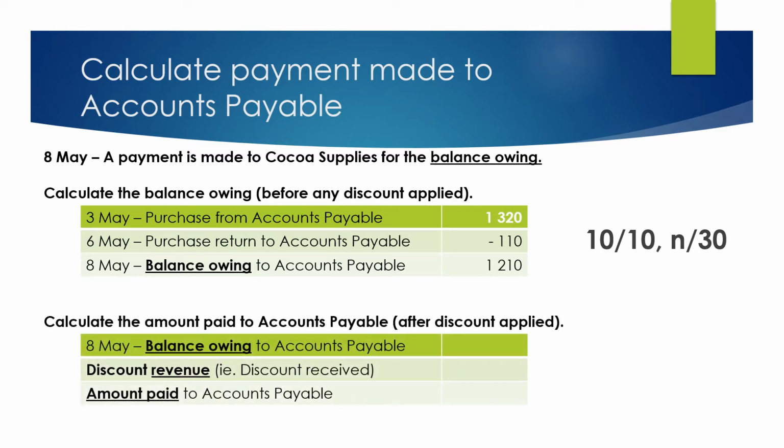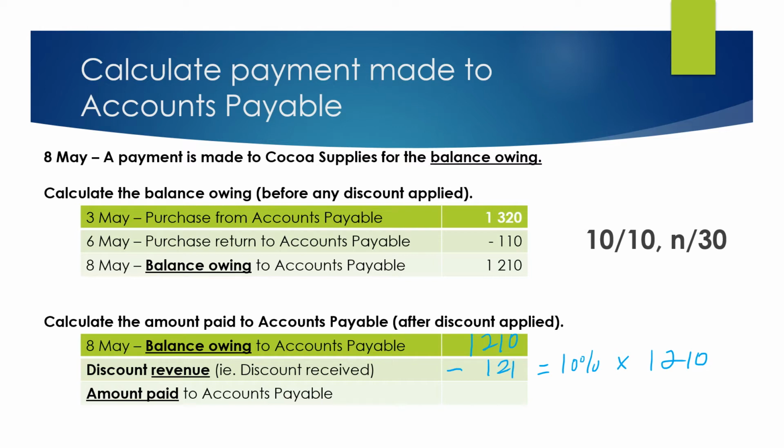Lastly, let us calculate the amount paid to the accounts payable after discount is applied. As we can see here on the 8th of May, the balance owing to the accounts payable was $1,210. The discount revenue, or the discount received from the accounts payable, is calculated by taking 10% multiplied by the balance owing of $1,210, and that gives us a discount revenue amount of $121.